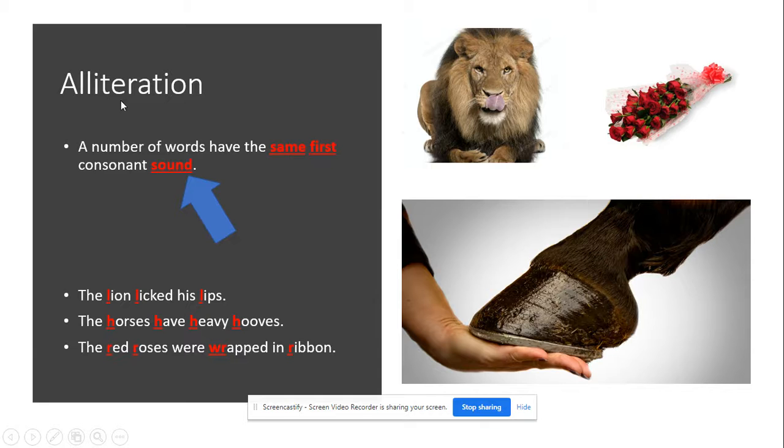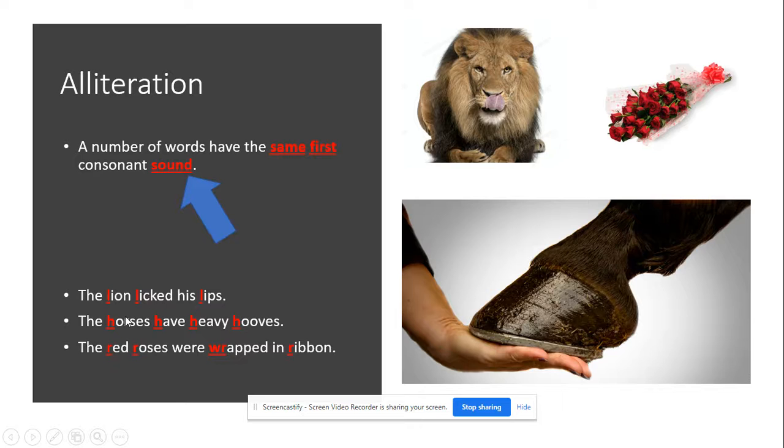Finally, we have alliteration. Alliteration is the number of words that have the same first consonant sound. So for your definition, you will fill in same, first, and sound. Let's look at examples. The lion licked his lips. You can see here that the repeating sound is the sound of the letter L. Lion licked lips. The horses have heavy hooves.